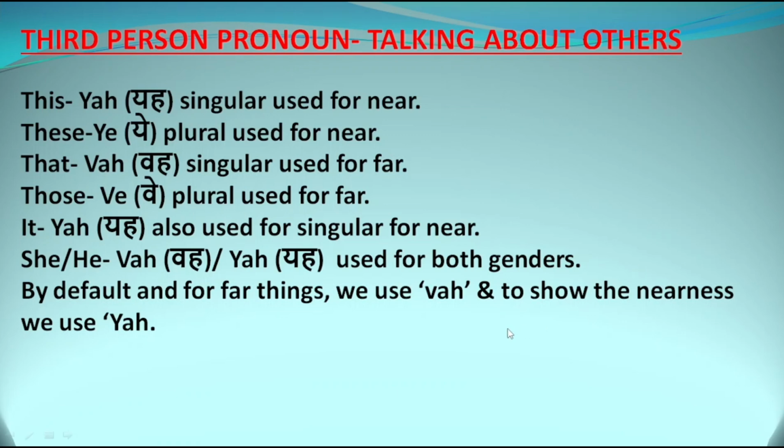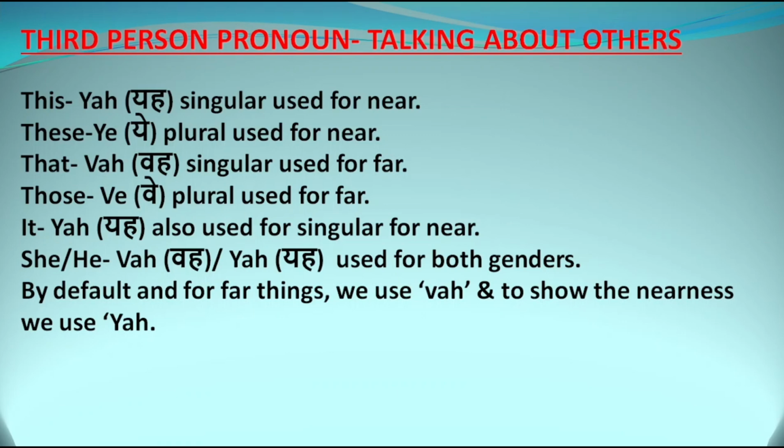And when you specifically want to show nearness, then we will use यह. So by default and for far we use वह, and for near things we use यह, either it is she or he.